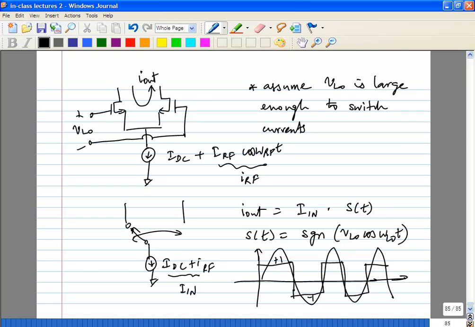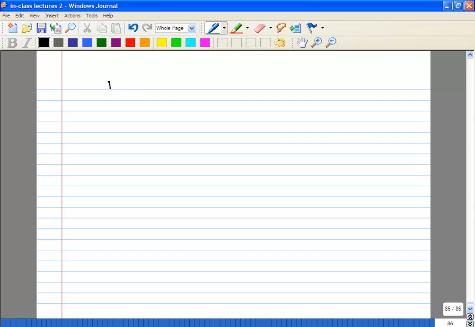So this is going to be I out, which is the differential signal. If you consider only the single ended signal, I out 1, that is going to get multiplied by let's say some S prime of t.